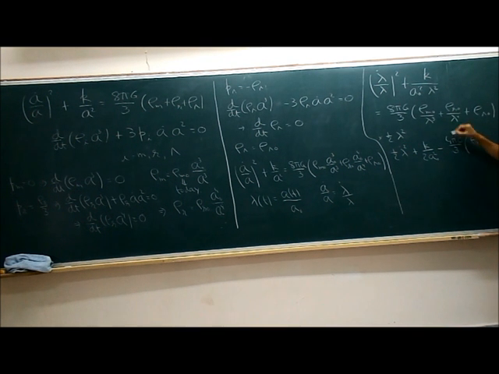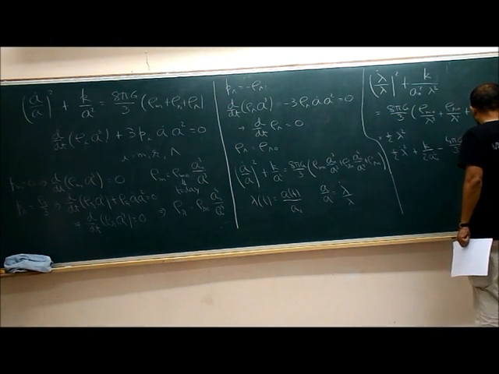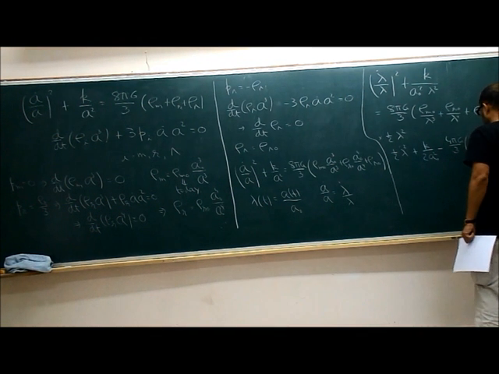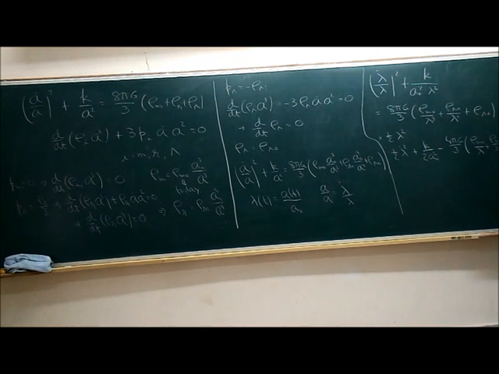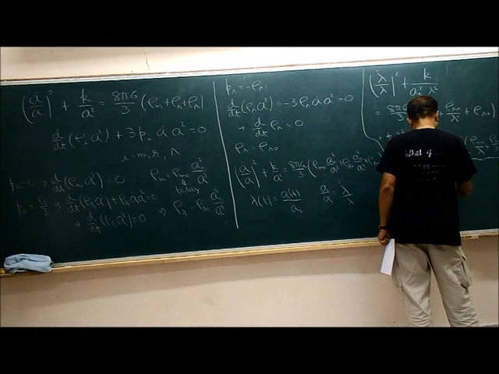Half we have used here, but lambda squared will be multiplying inside. This should be 0. That's it. Is this clear? So let's call this whole quantity some function V of lambda.